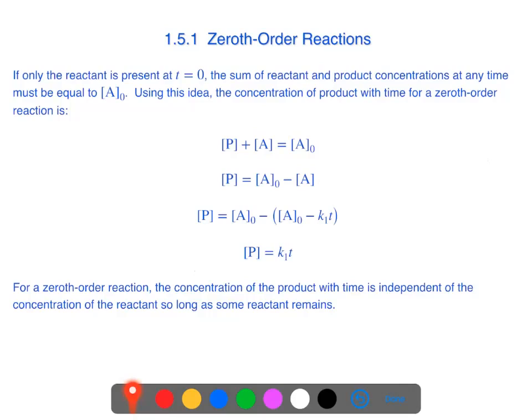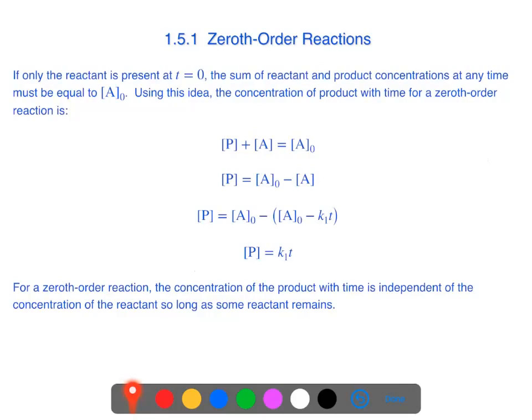Now, if only the reactant is present at t equals 0, the sum of the reactant and product concentrations at any time must be equal to the initial concentration of A. If we use this idea, the concentration of product with time for a zeroth order reaction can be written as follows.